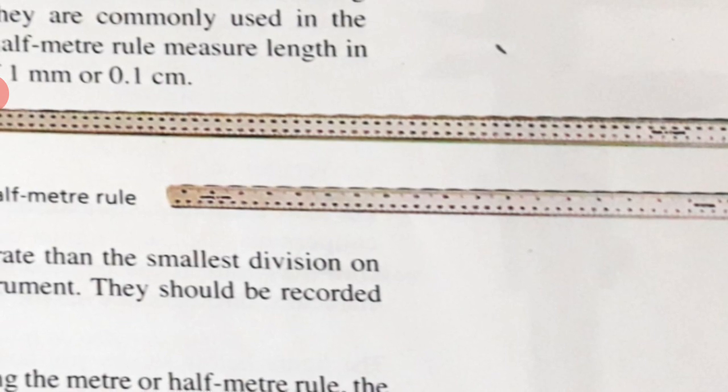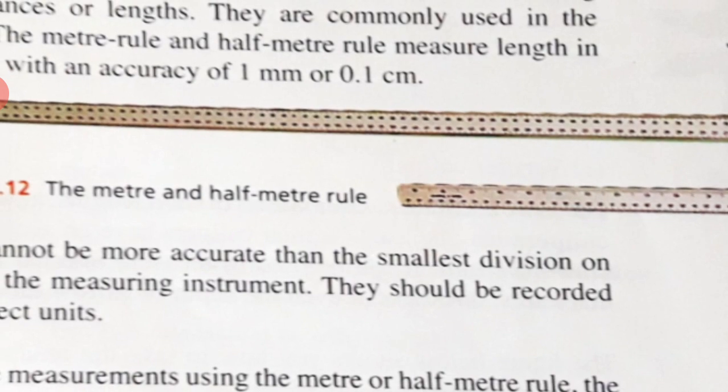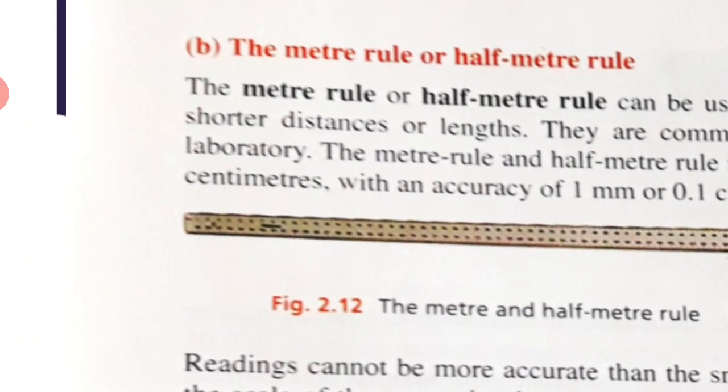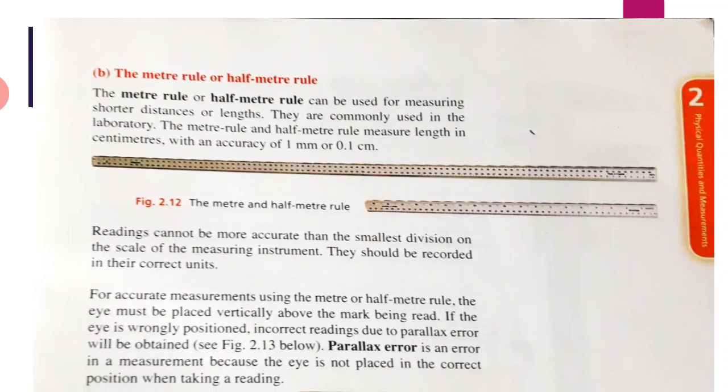In our copies, this is basically our scale. But the longer one is sometimes used in laboratories, and sometimes students also use it when they have to make big lines.